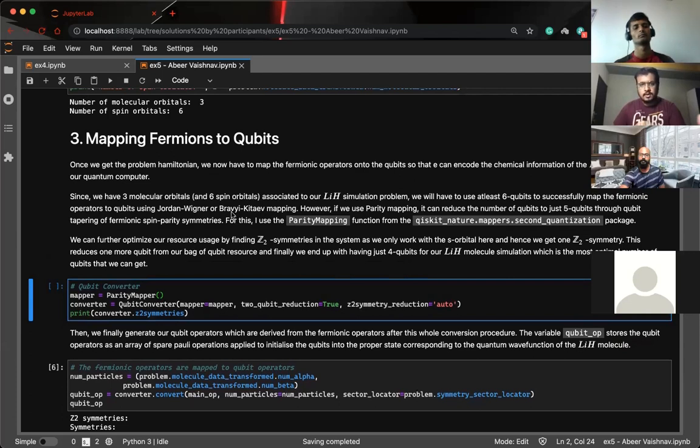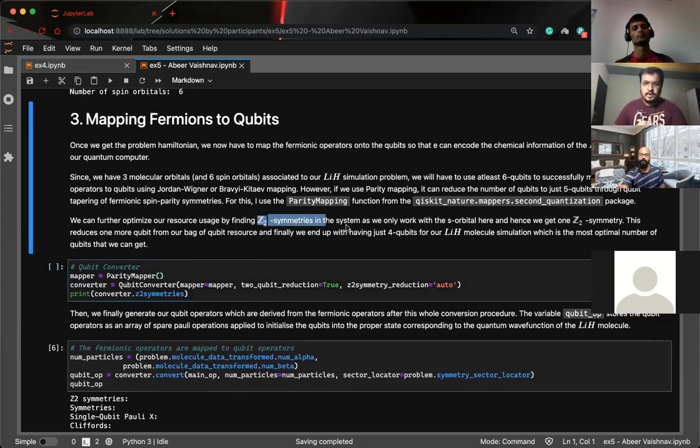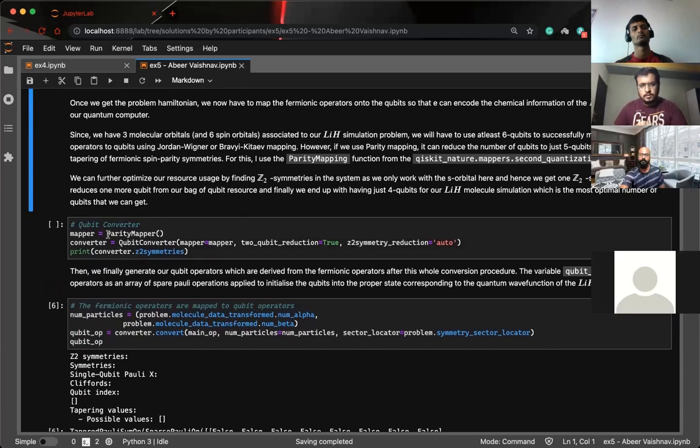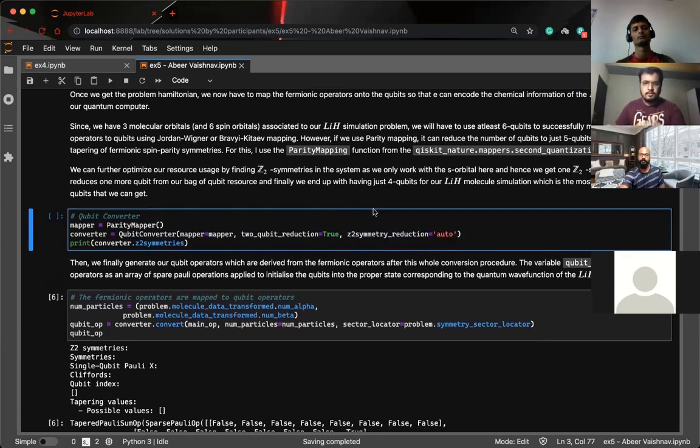These symmetries depend on the problem that you're working with, and there is also an inherent Z2 symmetry in the system. So we define the parity mapper, and we also define the Z2 symmetry reduction. What this does is it finds the Z2 symmetries in the problem and reduces the number of qubits according to the number of symmetries.